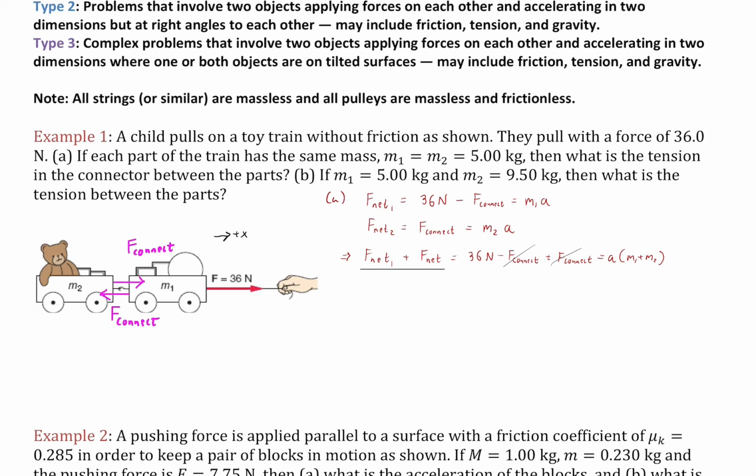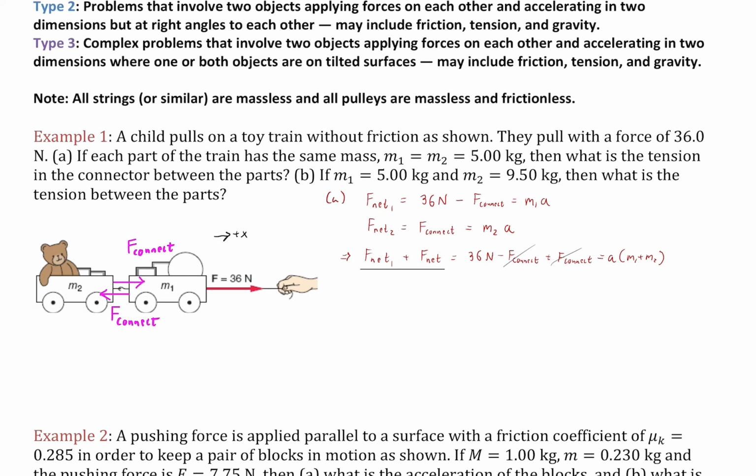A good algebraic technique to solve for our unknown is to add the equations together. So we're going to take Fnet1 plus Fnet2. That's totally valid as long as we add everything on the right of the equal sign together and everything on the left together.